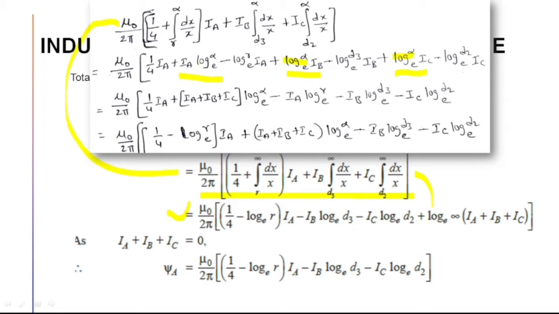Taking it as common along with IA plus IB plus IC, I write the remaining terms: IA log R base e minus IB log D3 base e, and the final term, IC log D2 base e.